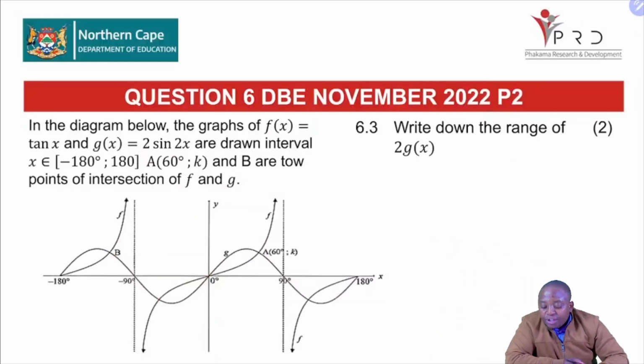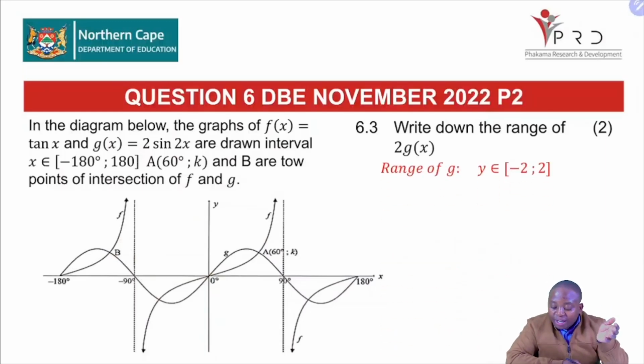Write down the range of 2 times g at x. How do we now write down the range of 2 times g at x? The first thing that we do is to write down the range of g. Remember, my g, we have y as an element of negative 2 to 2 in this case.